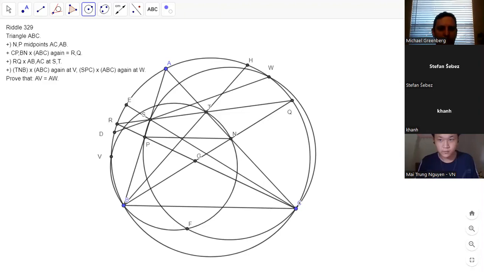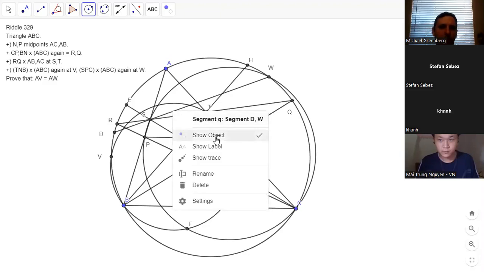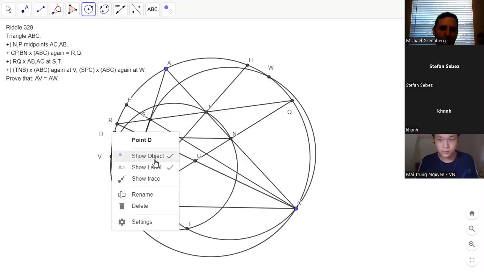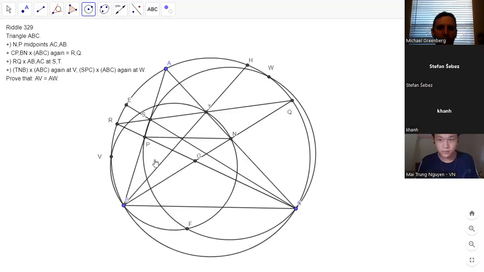And yeah, then we could get rid of point D. So ABEW is harmonic and AHCV is harmonic, and we need to show that those two sides of them are equal.